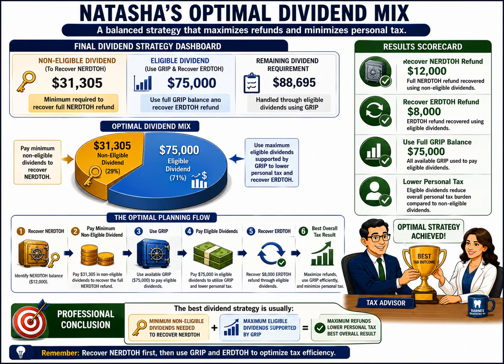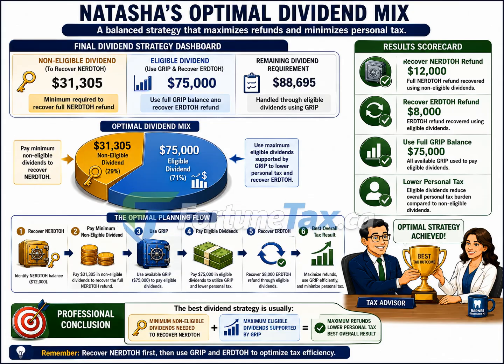Once the NERDTOH refund has been secured, the focus shifts to GRIP. Natasha's corporation has a GRIP balance of $75,000. This allows the corporation to pay up to $75,000 of eligible dividends. And because eligible dividends generally result in lower personal tax than non-eligible dividends, we want to take full advantage of this eligible dividend capacity.